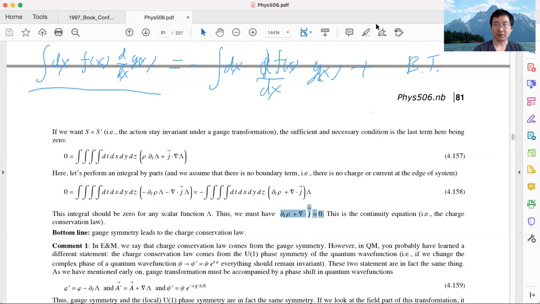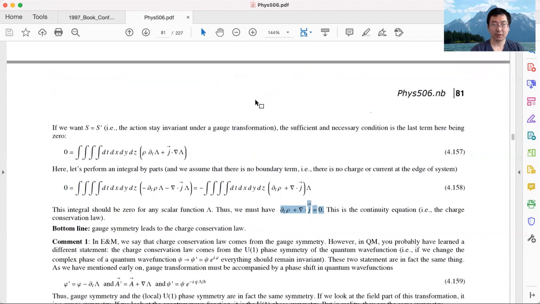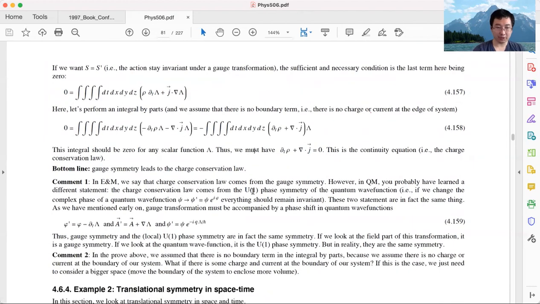Okay, so let me erase everything. A couple of comments associated with this continuity equation and charge conservation law. In E&M, we say the charge conservation law comes from the gauge symmetry. It's a consequence of the gauge symmetry. In quantum mechanics, you probably learned a different statement.